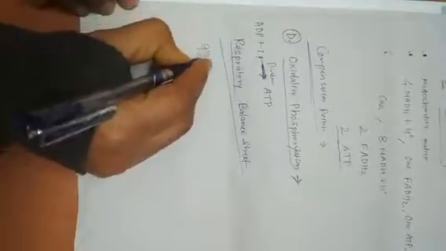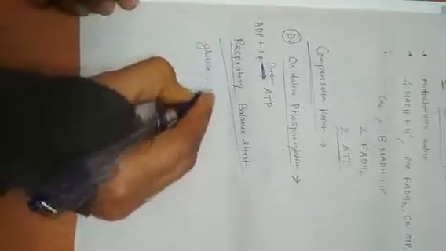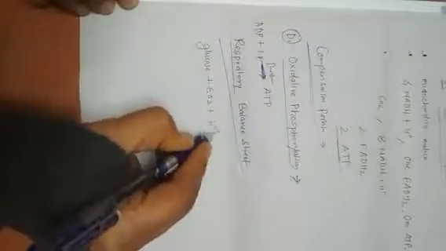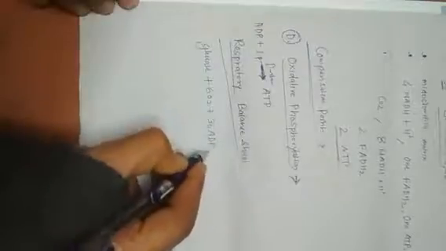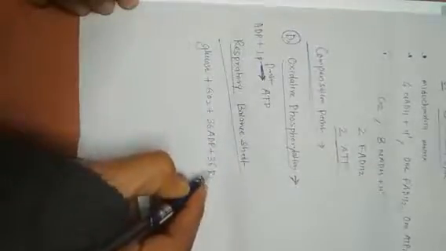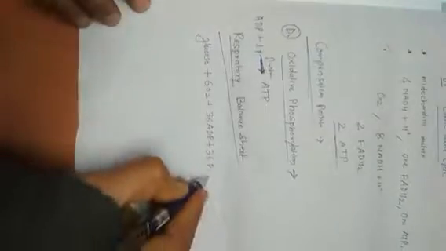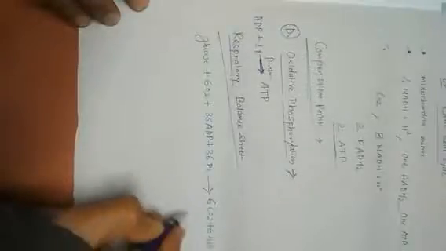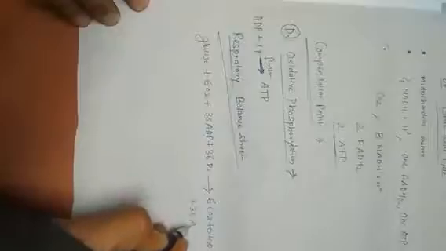Glucose plus 6 O2 plus 36 ADP plus 36 P gives 6 CO2 plus 6 H2O plus 36 ATP. Correct?